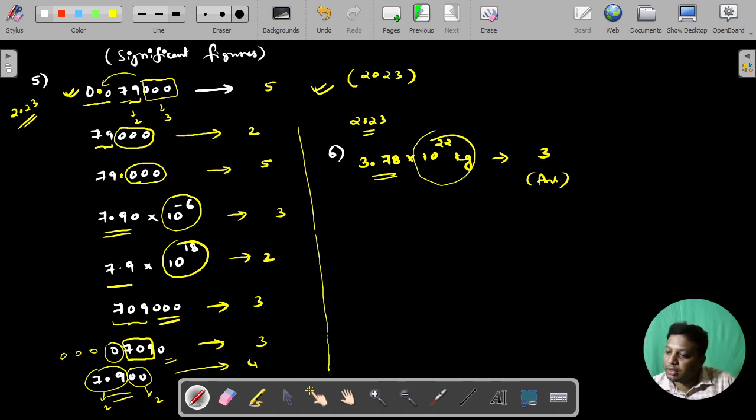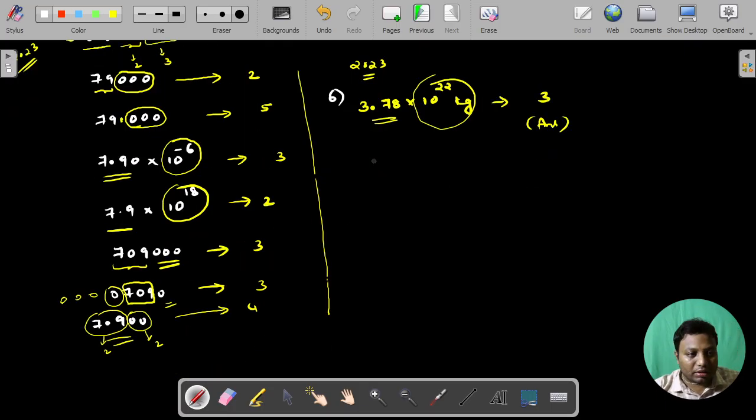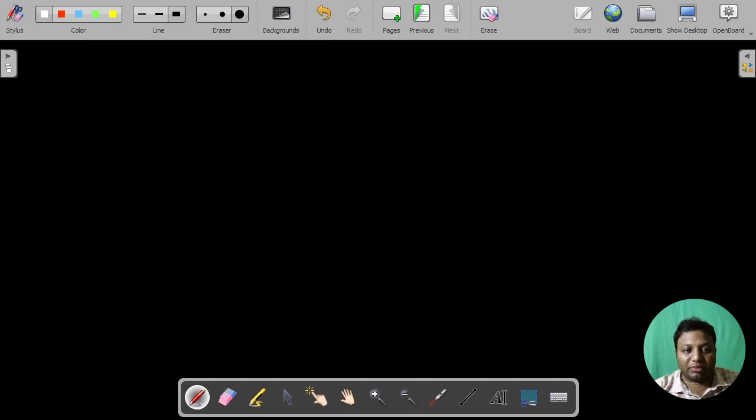Then we'll take up more questions related to significant figures. So this is about counting the number of significant figures. We may expect questions, and we in fact got questions, from another part of the significant figures concept also.